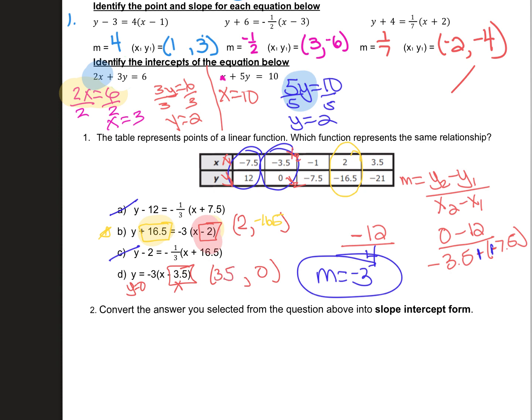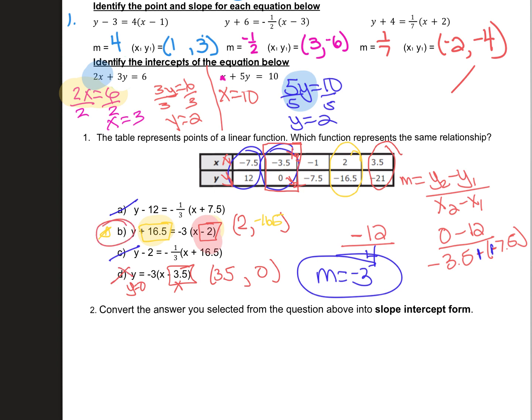So now looking at my table, do I have a positive 3.5 x and a y value of 0? Well, it's close, but this is negative, so that's not going to work. And in this last one, I have a 3.5 and a -21, so this is not it. And my only answer choice is B.